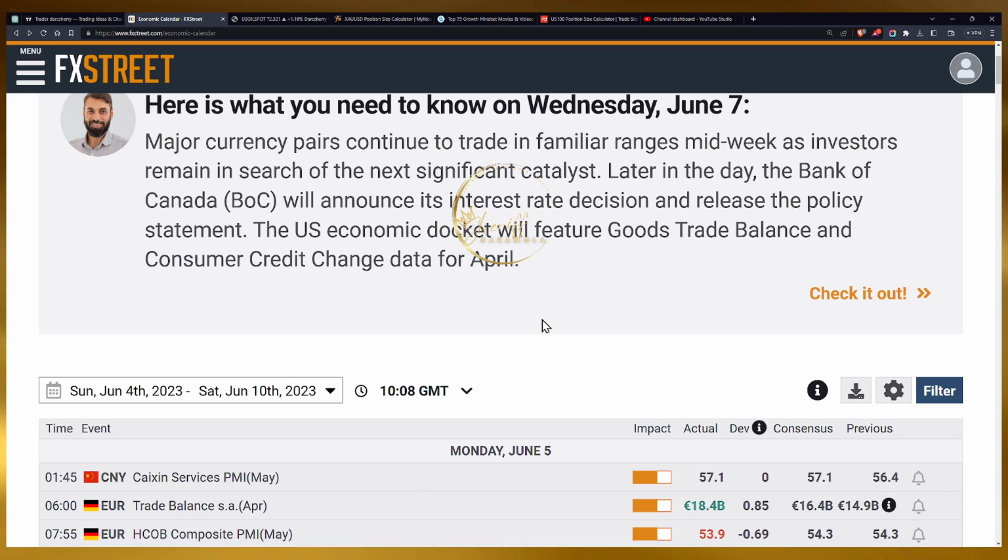Major key players are caught in limbo right now, as we really don't know what will be coming up next week. As a result, the majority are looking forward to a significant catalyst that will drive price movement.